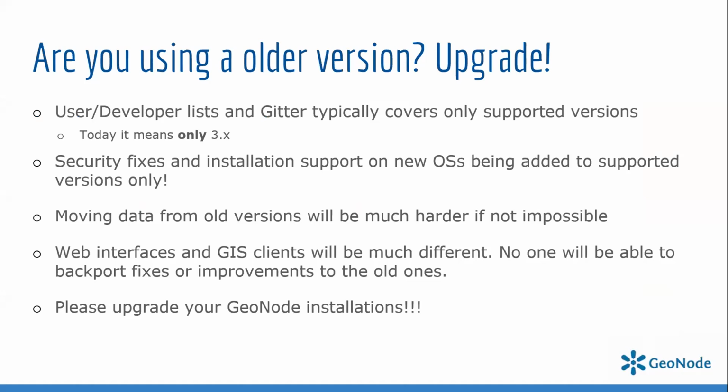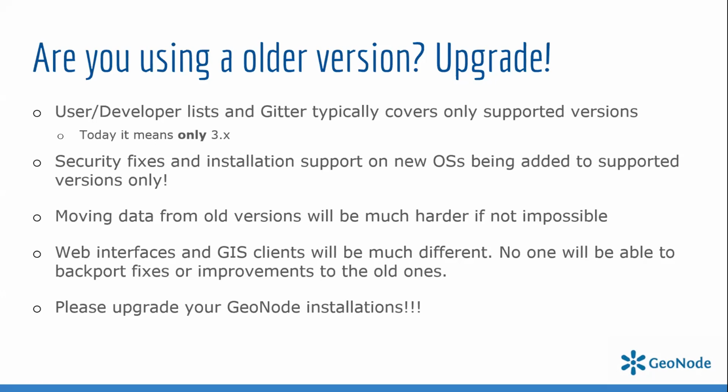We strongly suggest to update because Python 2 is not developed anymore, as well as Django 1. So if you want to be sure that your services are up to date with the latest fixes, security fixes in particular, you absolutely need to upgrade to the new version.